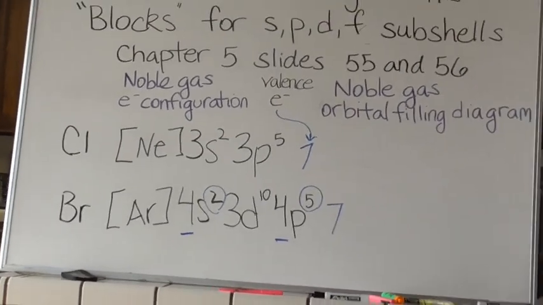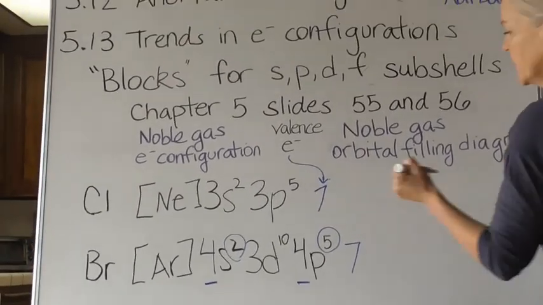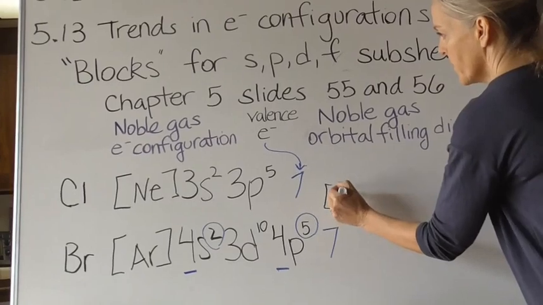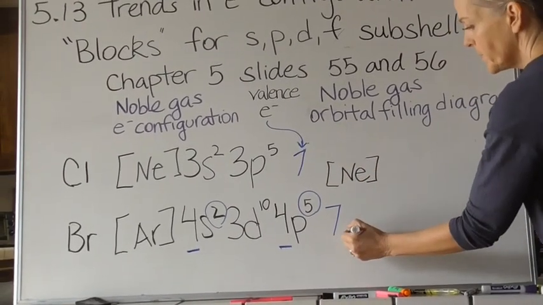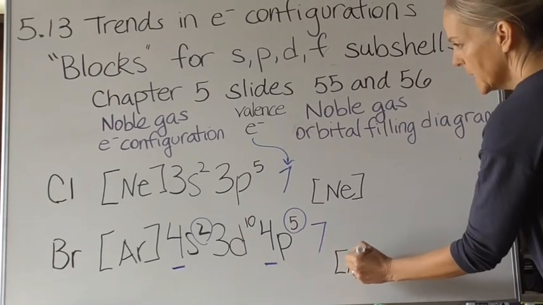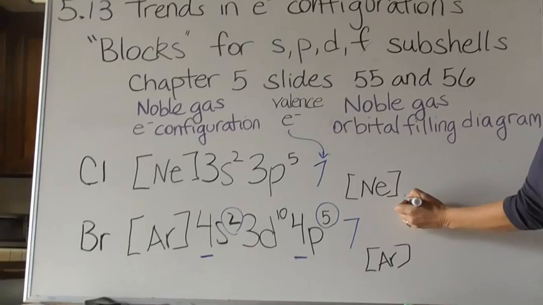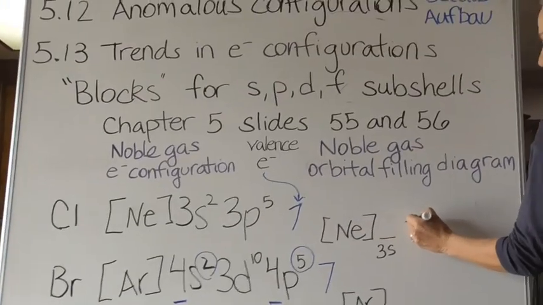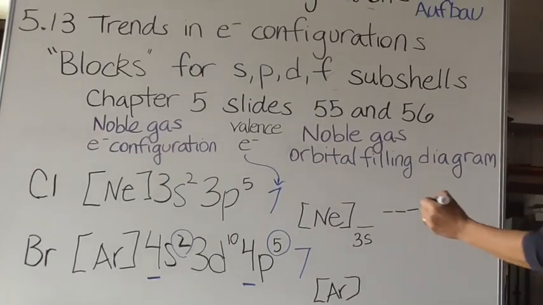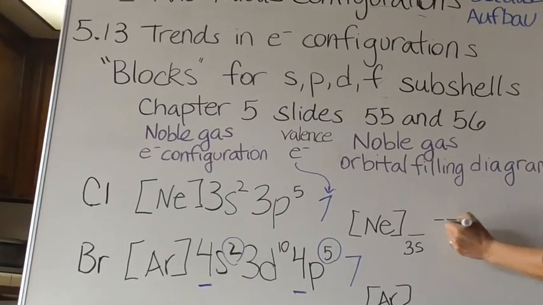So then really quickly, let's do the noble gas orbital filling, because this is kind of good practice. I'm just going to put my little noble gases here. Think about that you have to have your 3s and your 3p, and remember p has 3 orbitals in it.